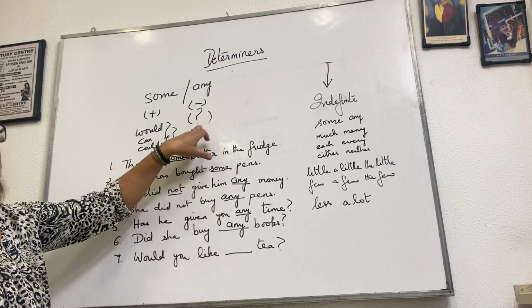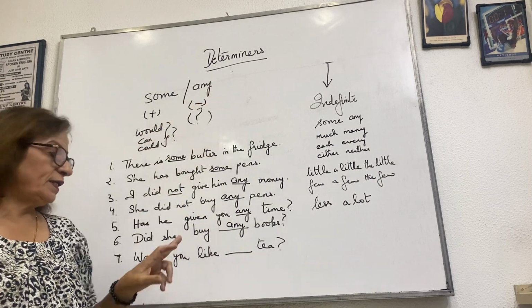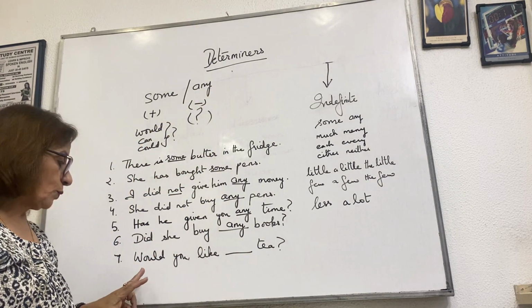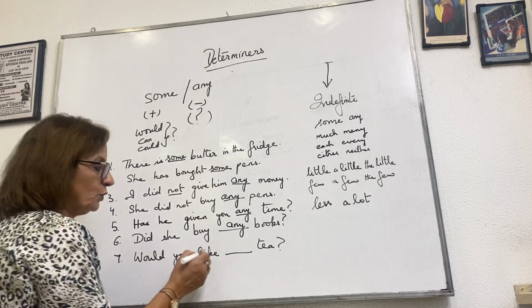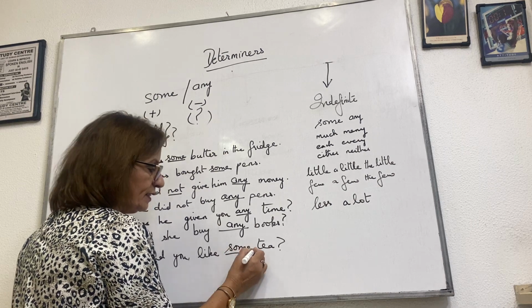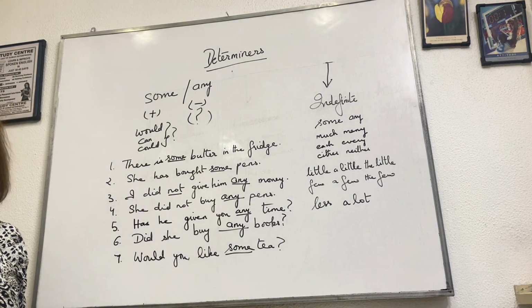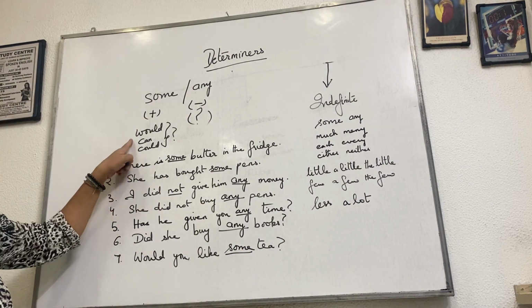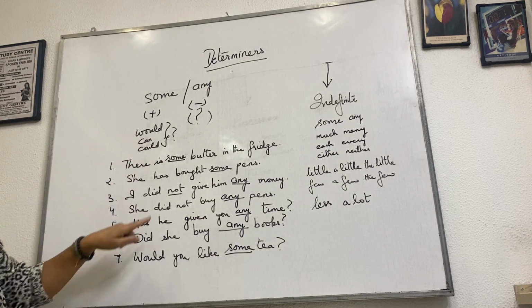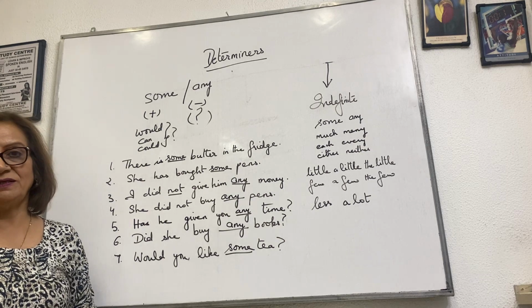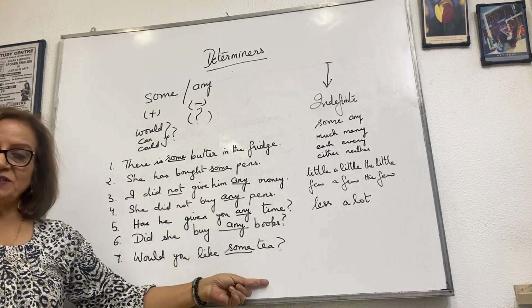Otherwise the rule says if it is interrogative we use any. But here, like I told you, exception. If the question is asked with would, then what do we use? Would you like some tea? Not any tea. Okay. So the rule says that if the question is asked with would, then we will use some, not any. Would you like some tea?